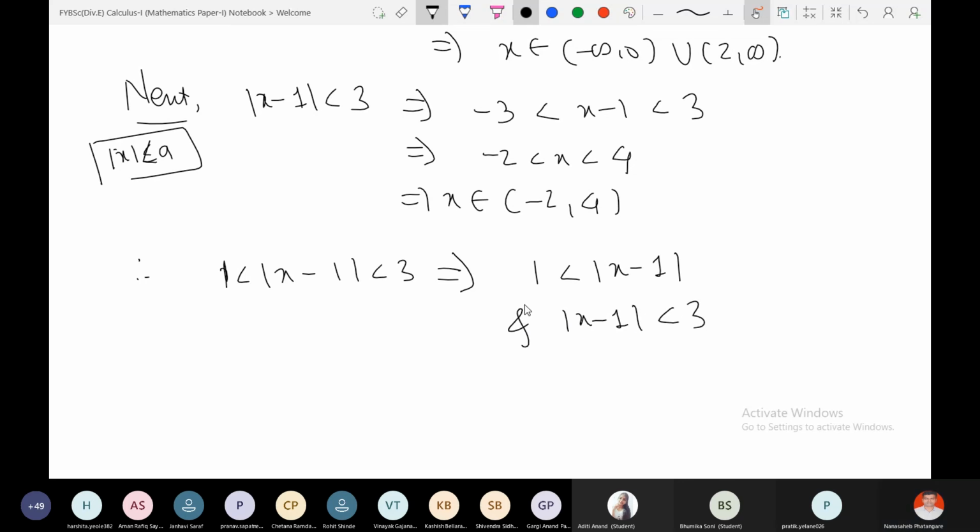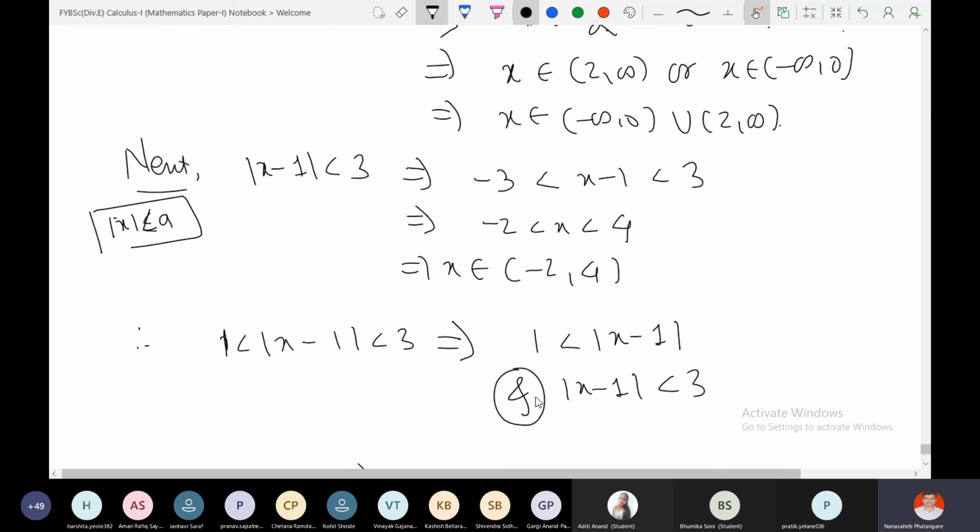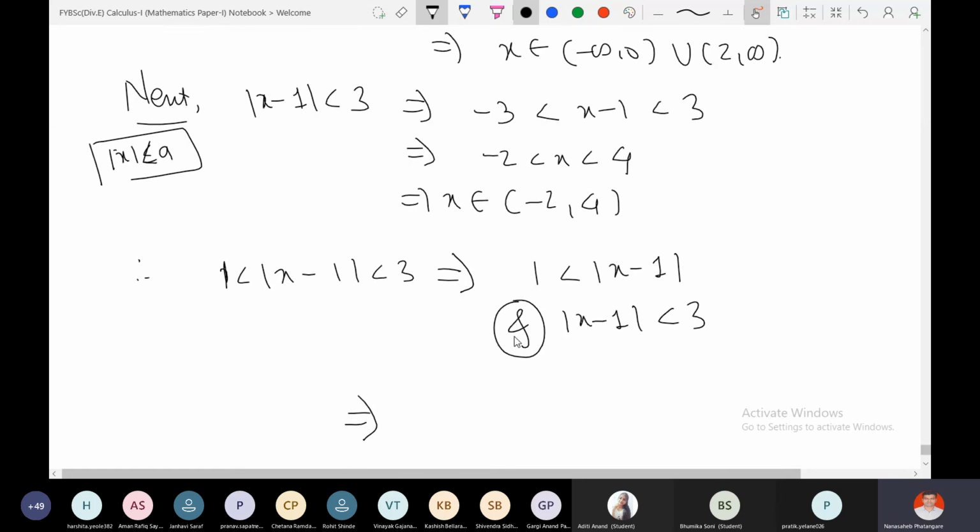See, you have to be careful whatever I am using, and or. So is it the correct word, and? Yes, sir. Right. This implies you have to take care of such. So this as well as this simultaneously, and.